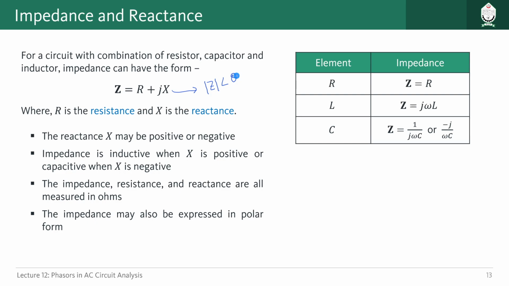But you see, finally, because of impedance and reactance, we can represent all the possible quantities we have in an AC circuit, like voltage, current, resistance, impedance, reactance. All of these can be represented in terms of their phasor quantity, right?